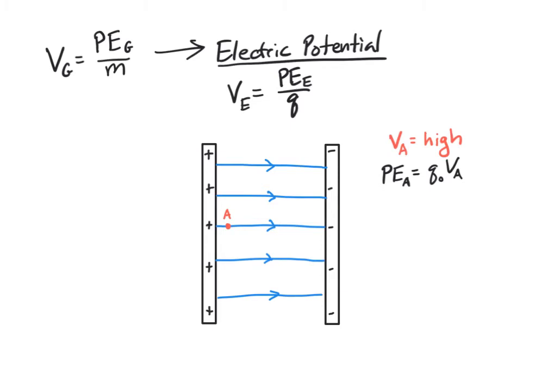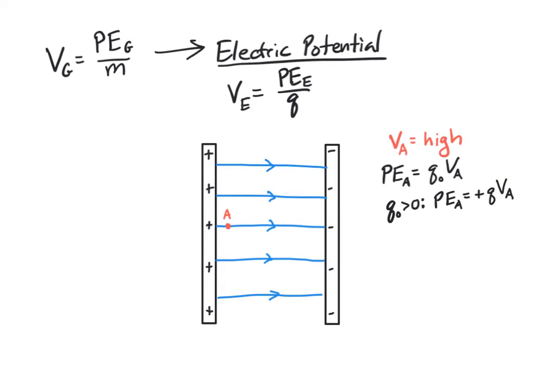That gives us something to consider though, because if the charge that we place there is greater than 0, then our potential energy of that charge at point A is going to be a positive value times the amount of charge times the value of the electric potential.